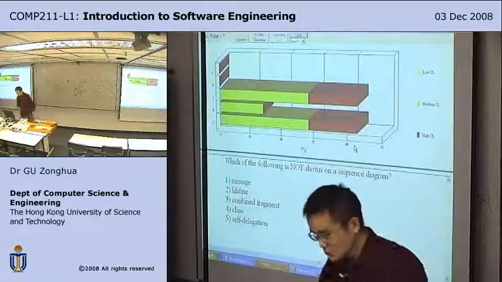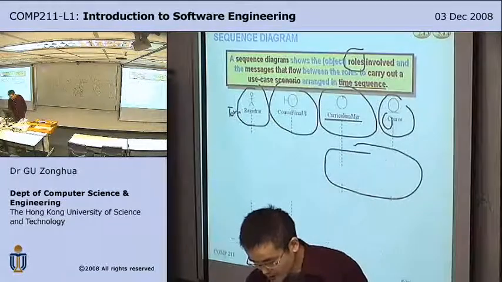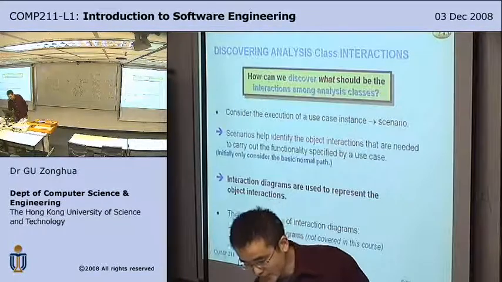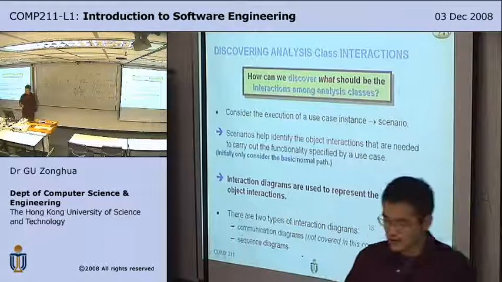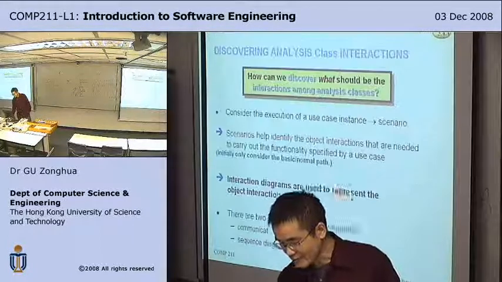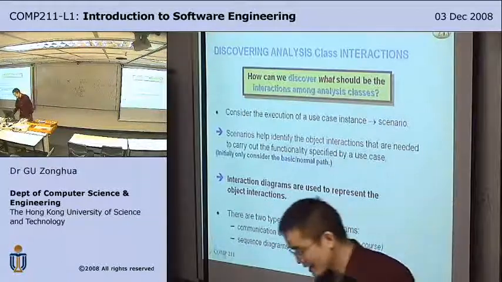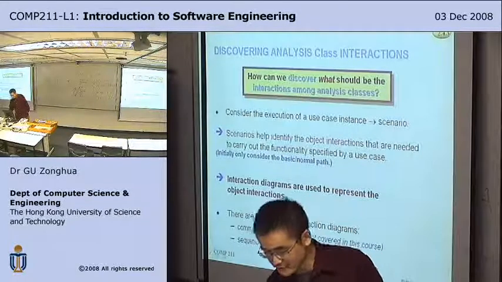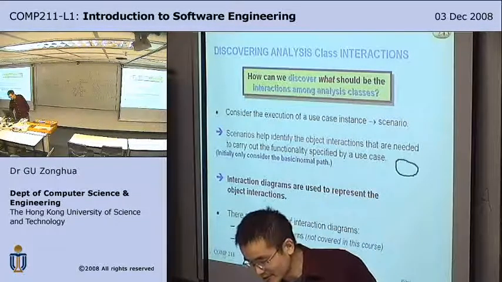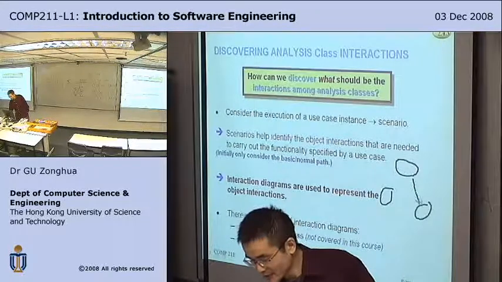So there are two types of interaction diagrams. One is the communication diagram, which is not covered in this course. So sequence diagrams are covered. In both of these two diagrams, you are dealing with objects. Communication diagrams are a more intuitive thing. You can draw a box representing an object, another box, and you send messages.